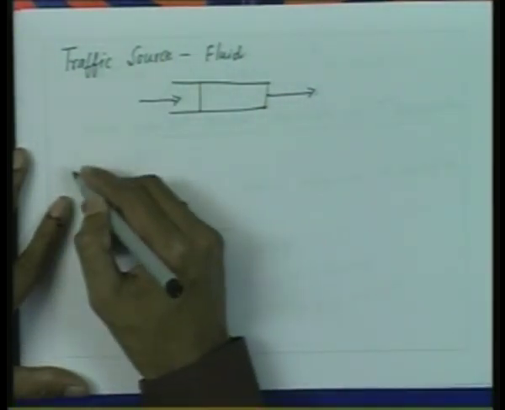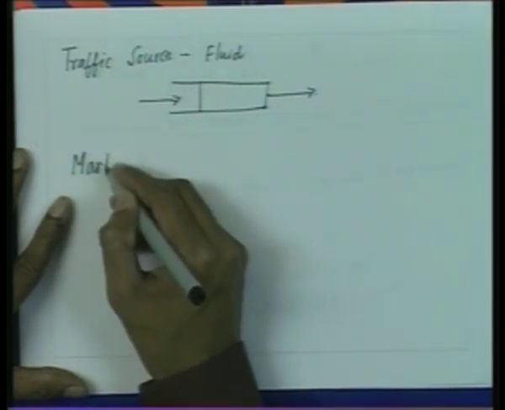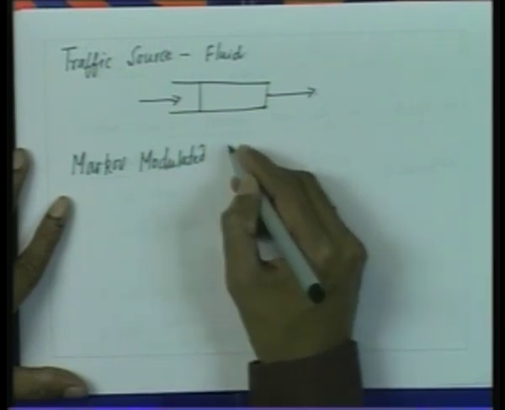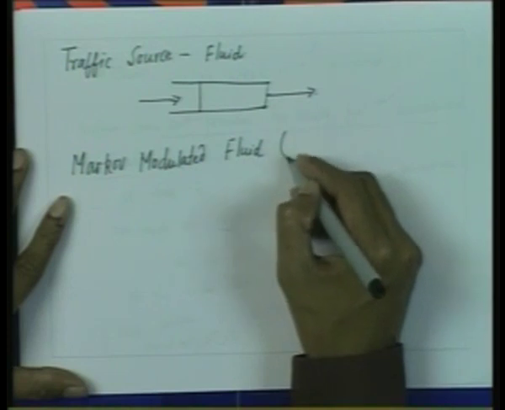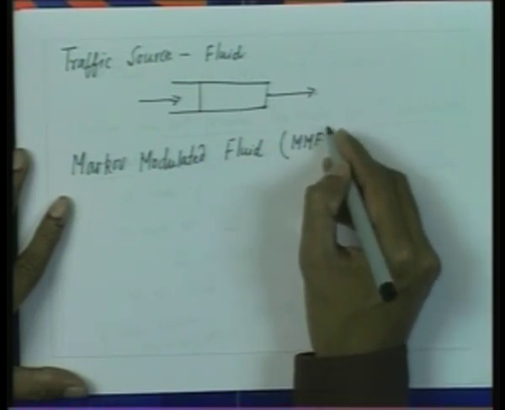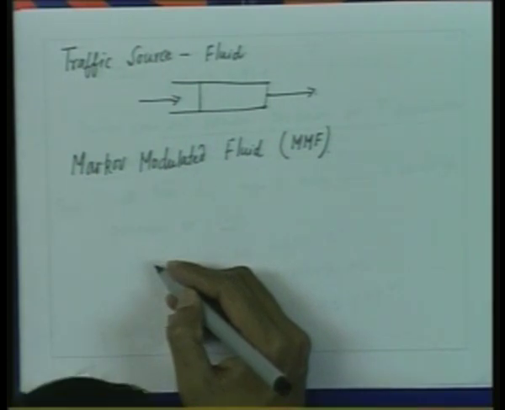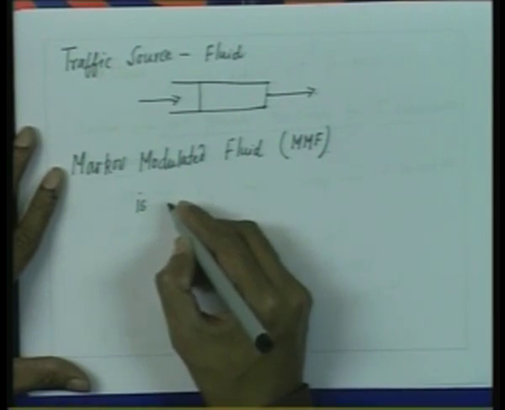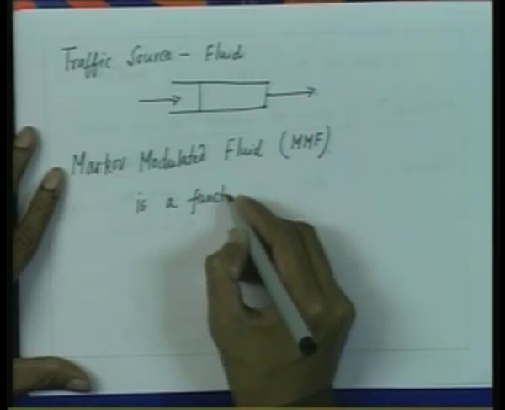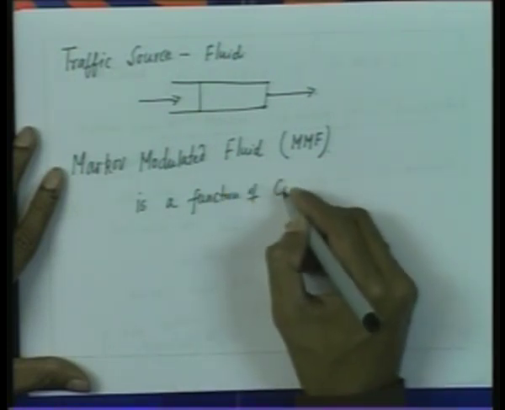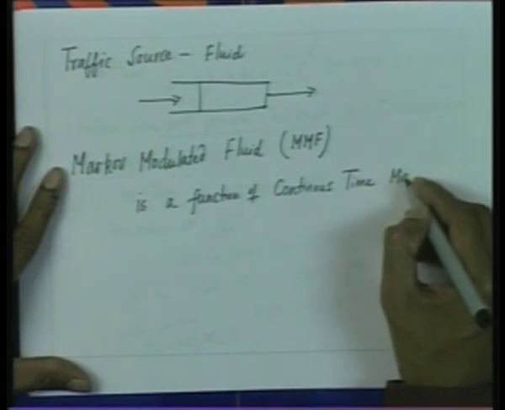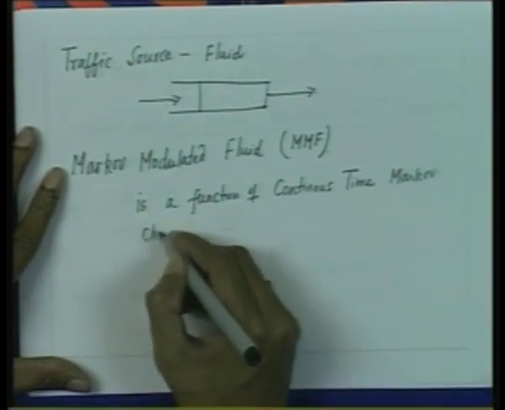Now we assume this fluid to be a Markov modulated fluid, which is called MMF. A Markov modulated fluid is where the rate is a function of a continuous time Markov chain.